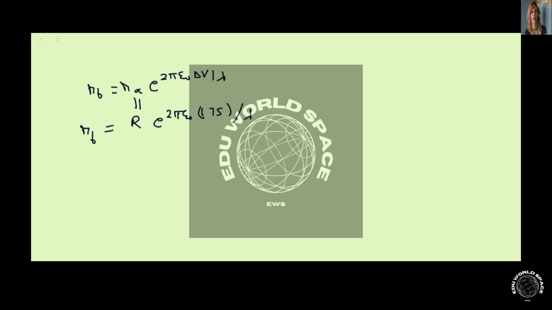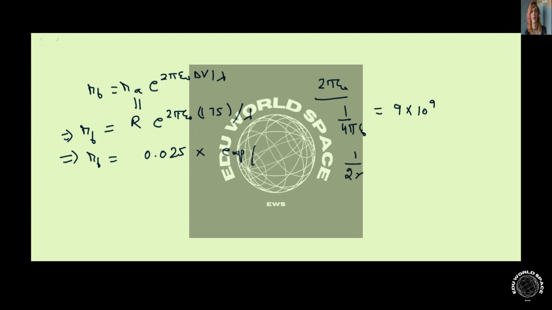Use your calculator to find the value of rb. We have 0.025 meter times the exponential factor. To find 2 pi epsilon naught, we know that 1 by 4 pi epsilon naught equals 9 times 10 to the power 9, so 2 pi epsilon naught is 1 over 2 times 9 times 10 to the power 9.